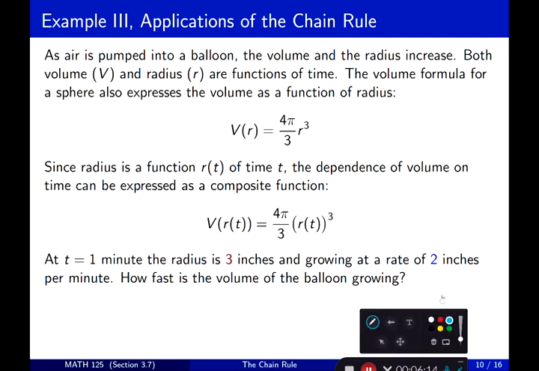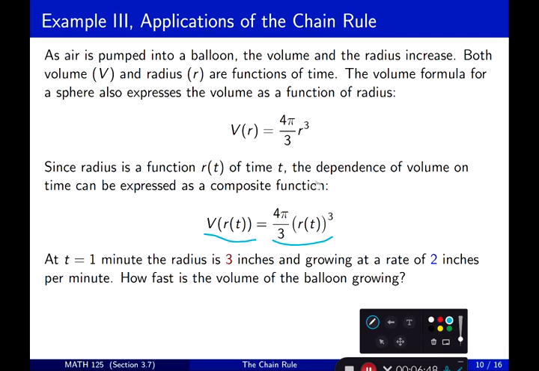If I'm taking the derivative of V with respect to time, I have to look at over here, where I see 4 pi over 3 R of t to the power 3.